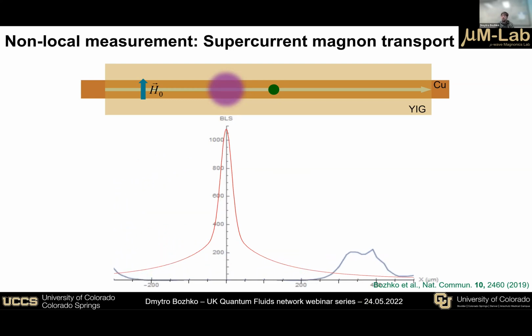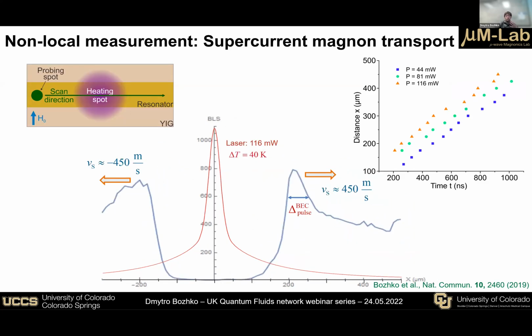So this obviously cannot be due to the supercurrents anymore, which originate just from the phase gradient. So where does it come from?